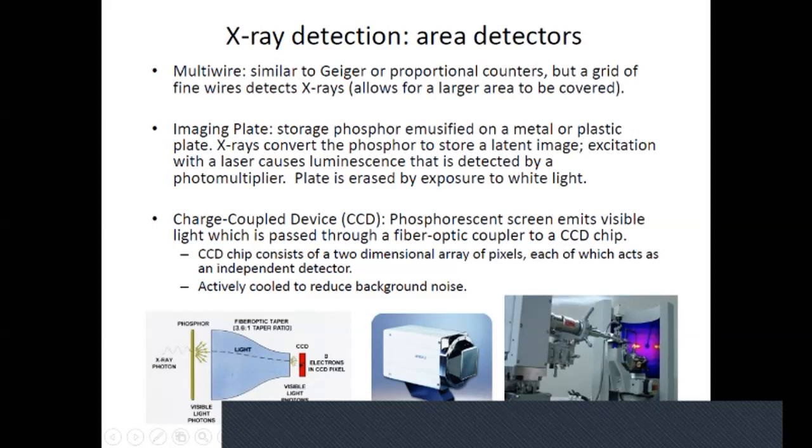So there's no loss in conversion, which makes it a more sensitive instrument. But the older machine that we have at UTSA uses a CCD detector. So we convert the X-rays into visible light, it travels through a fiber optic cable, and is read into a CCD.